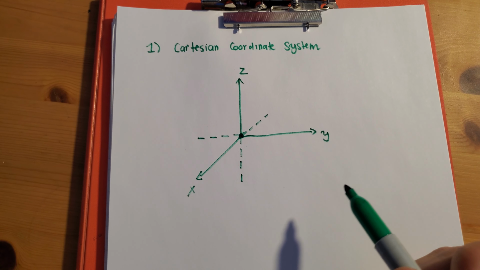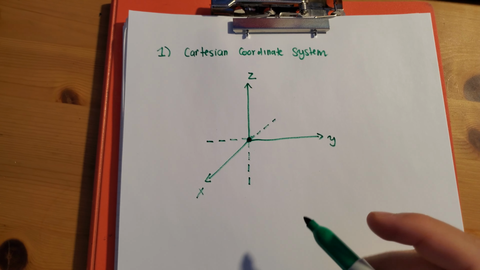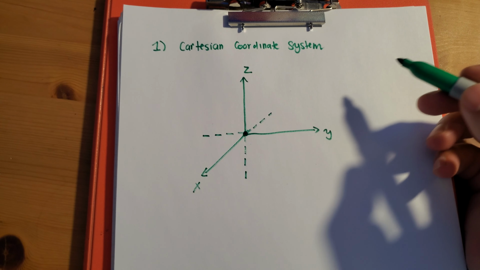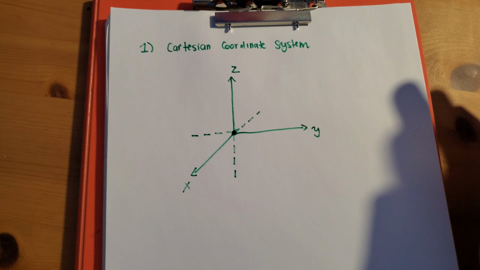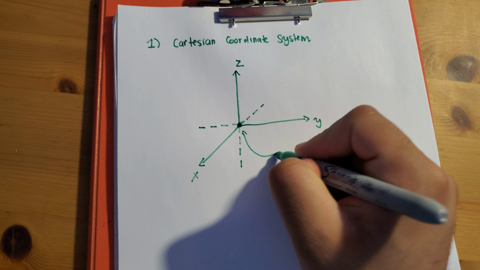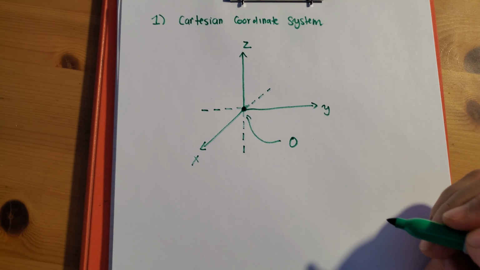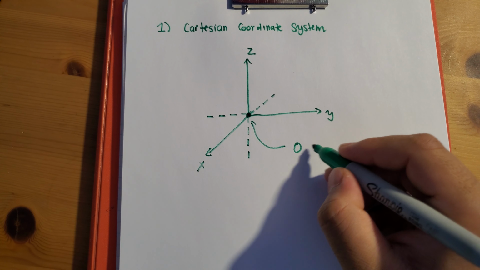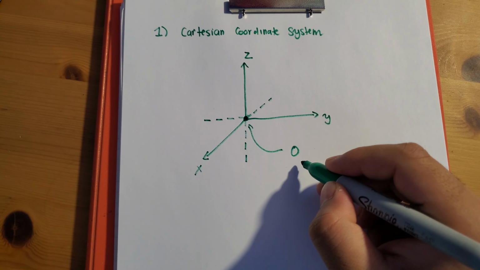Now, let's show how you can plot a point. To represent a coordinate on this, because you can be anywhere, x, y, z, this middle point is usually referred to as O or 0, and it just means that you're at the origin.